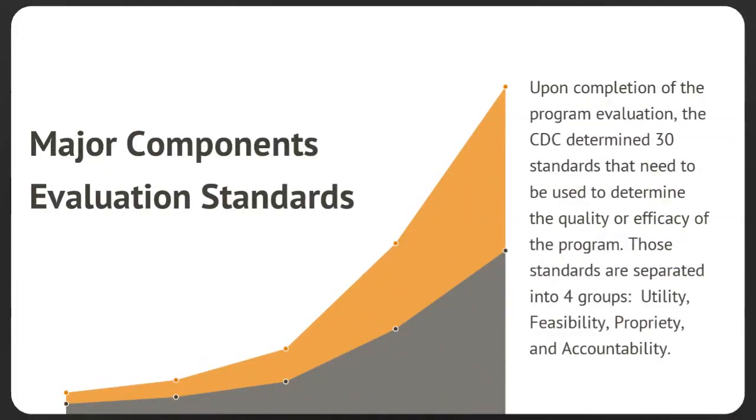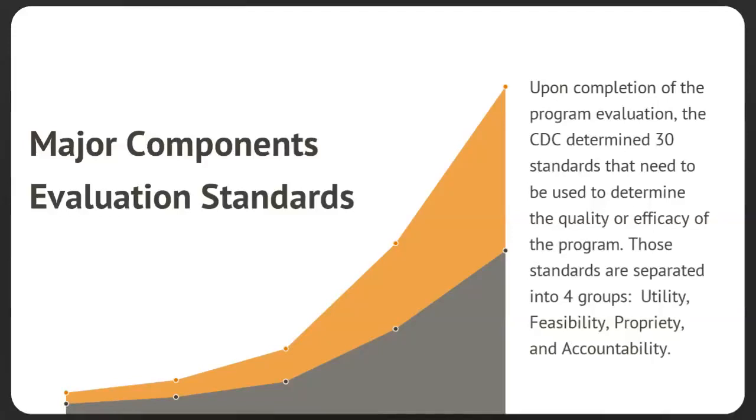Another major component would be the standards used for evaluation. Throughout the entire research process, there are specific standards that can and will be used to make sure that the research is done properly, the means by which the data is being collected, and all other aspects of the research. Now, there are many different standards, approximately 30, but the majority have been grouped into four common groups: utility standards, feasibility standards, proprietary standards, and accountability standards.